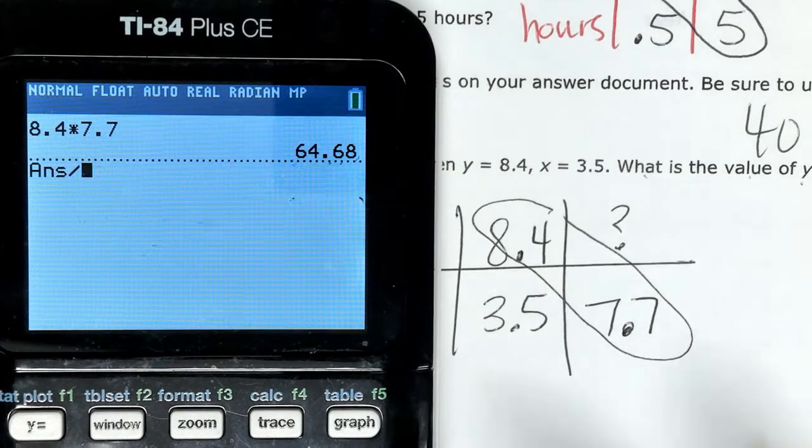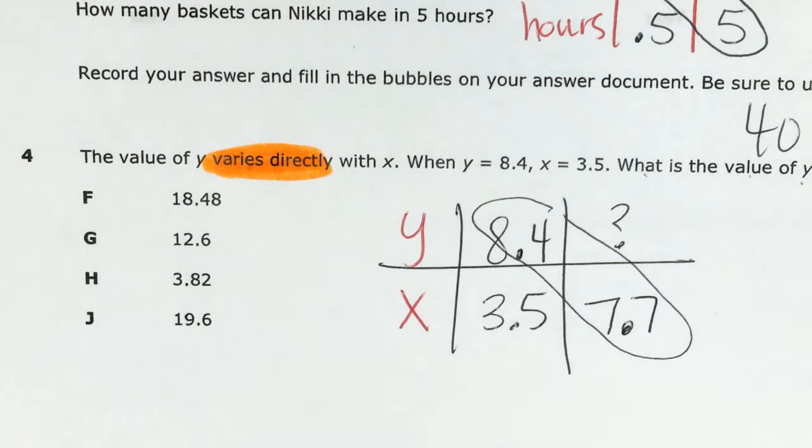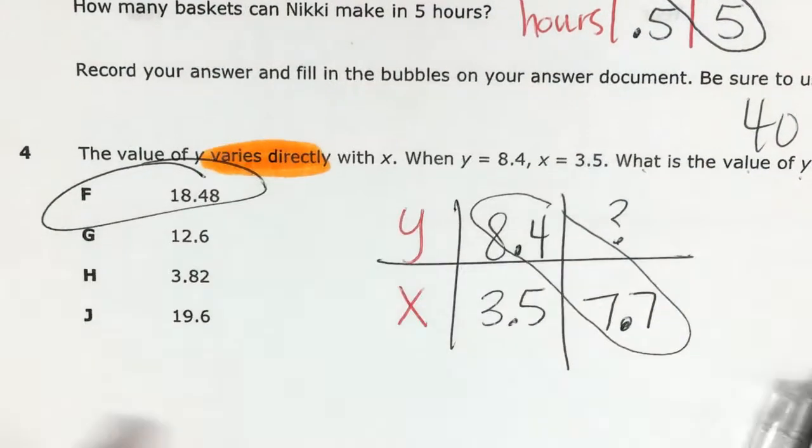Divide by what's left over. And my answer is 18.48. Questions on varies directly? When you see varies directly, what are you going to make? Make a box. Turn the page.